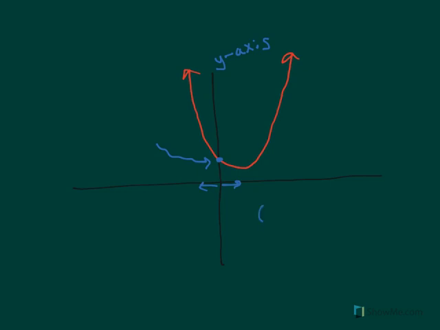So x would have to be 0. And then your y value would be on the y-axis. So if you're looking at the standard form, y equals ax squared plus bx plus c, we know if we are on the y-axis, our x value has to be 0.